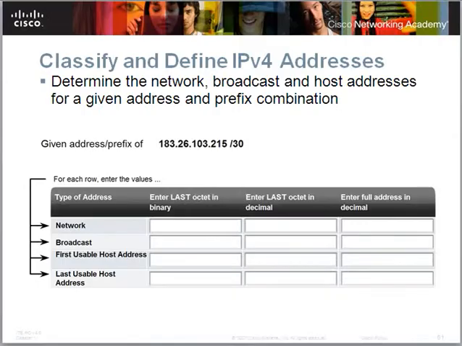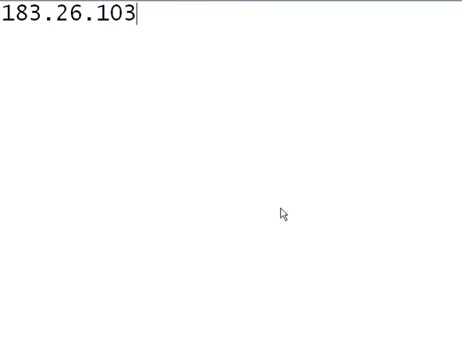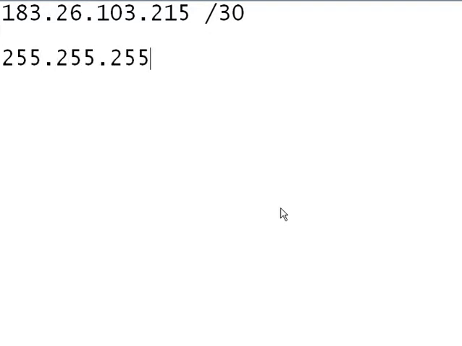Next, 256 minus 252 is 4, so multiples of 4. The multiple of 4 is 212, and it is in between 212 and 216.